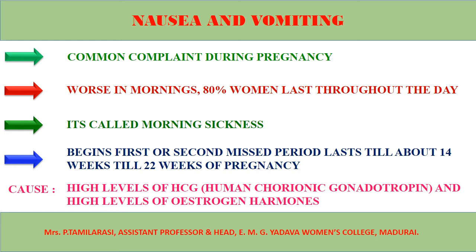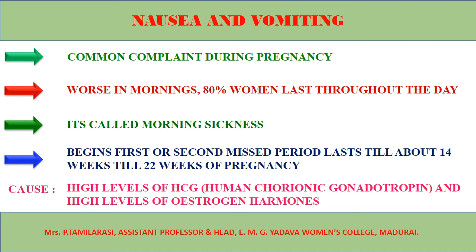It should worsen in mornings. In 80% of women it lasts throughout the day, and due to this condition it is also called morning sickness. It begins from the 1st or 2nd missed period and lasts till about 14 weeks to 22 weeks of pregnancy.